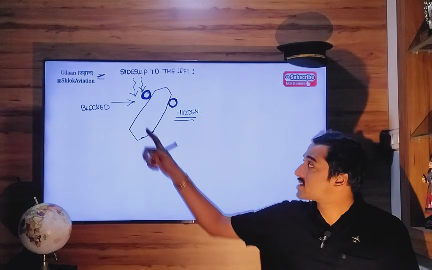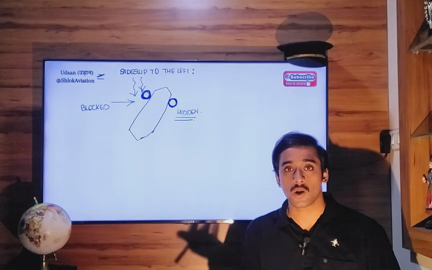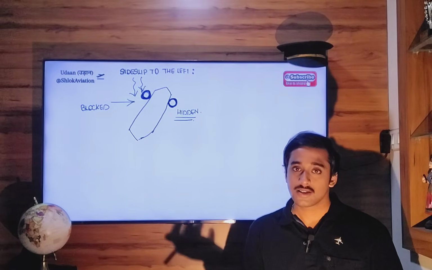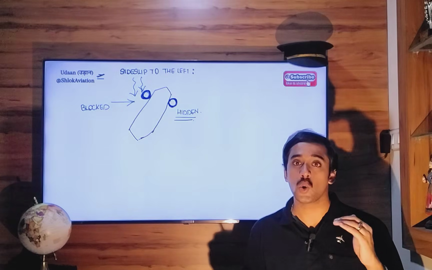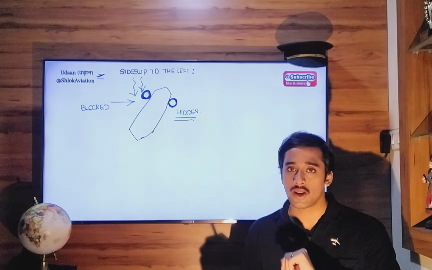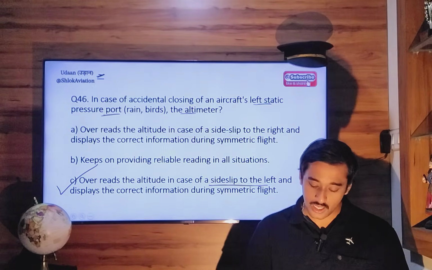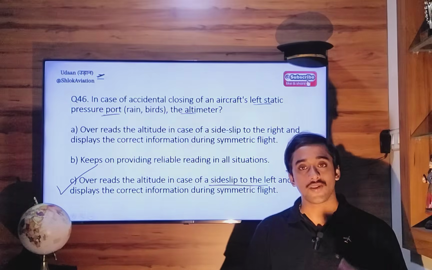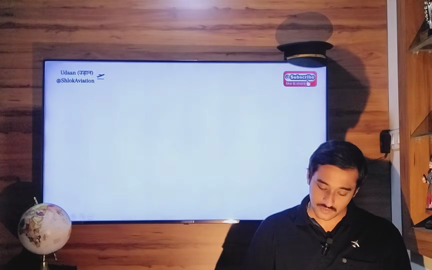Now since this left static port is blocked, it will not register enough or accurate static pressure. That means indirectly it will register a lower pressure than that expected. So lower pressures translate into higher altitudes. So it will overread the altitude in case of side slip to the left. And if it's flying symmetrical, straight and level, it will display the correct information.